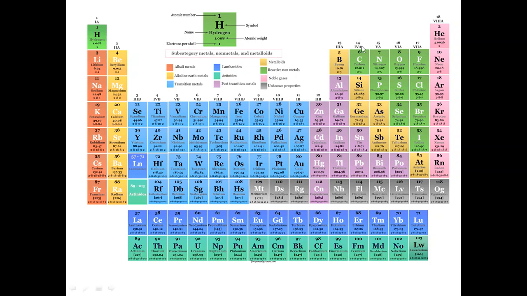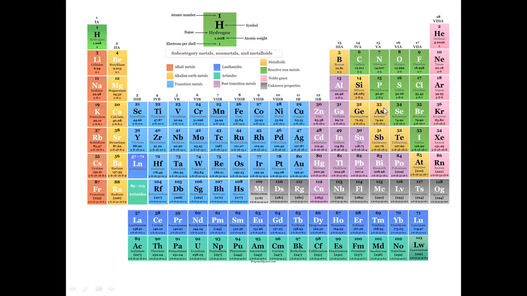Group 15 elements, as seen here, nitrogen, phosphorus, from here is where we start forming a negative charge. Nitrogen, phosphorus, arsenic are all group 15 elements and they form a 3 minus charge.